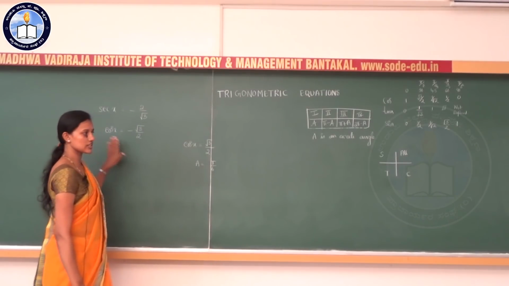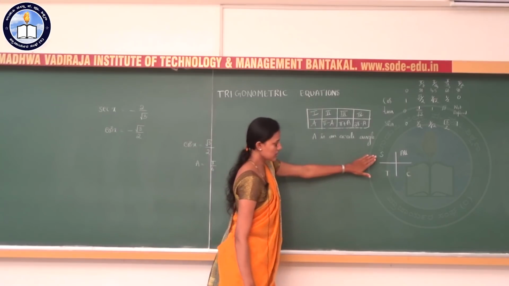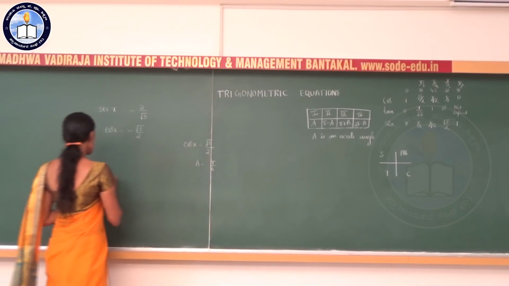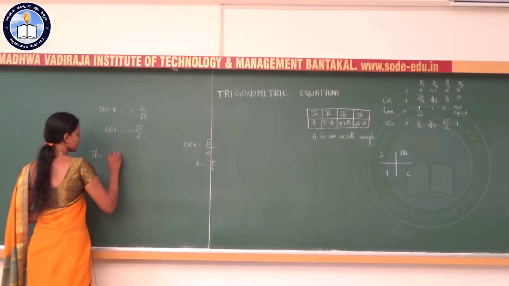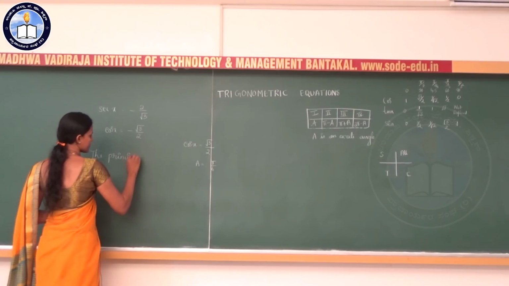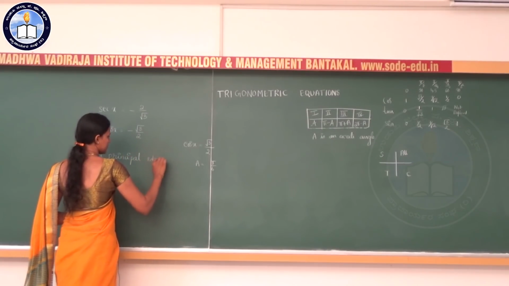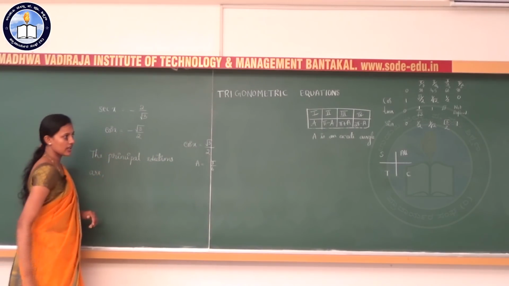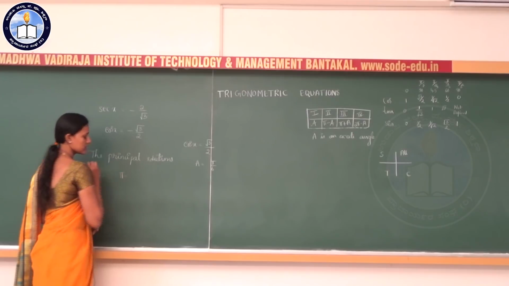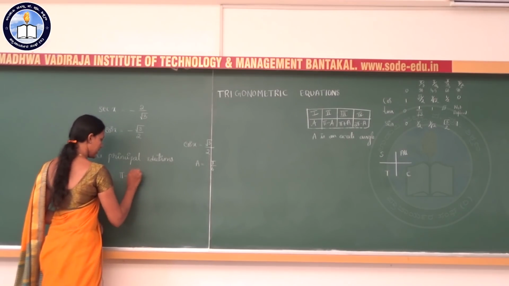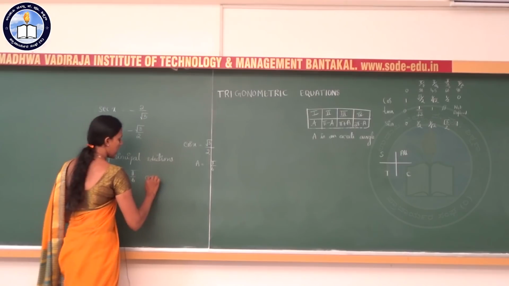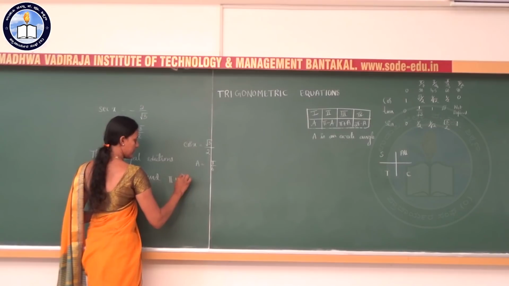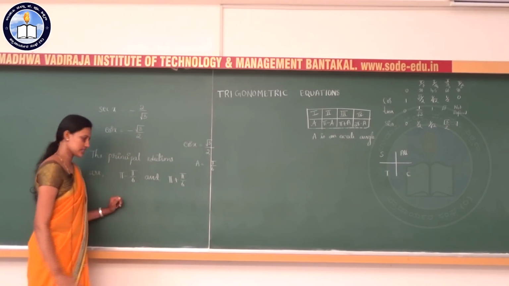Now, since cos is negative, the angles lie in second or in third quadrants. So, the principal solutions are pi minus the acute angle, which is pi by 6, and pi plus the acute angle, pi plus pi by 6.